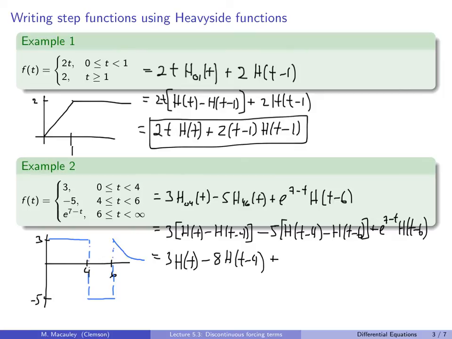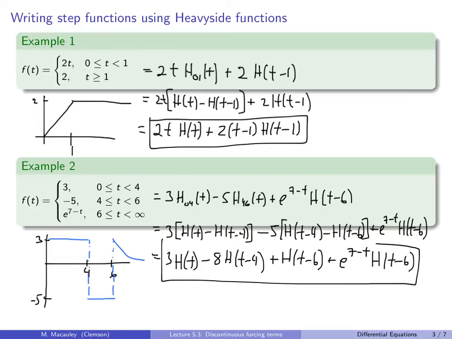So we have plus 5 h of t minus 6. And then we have this last term. If I wanted to, I could have combined these two terms into one, but I'll keep it separate for now. e to the 7 minus t times h of t minus 6. And that is our final answer. That is this function here, written as a sum of Heaviside functions.